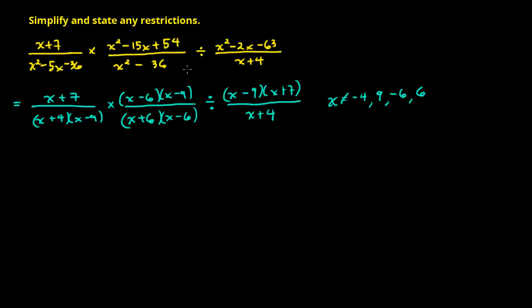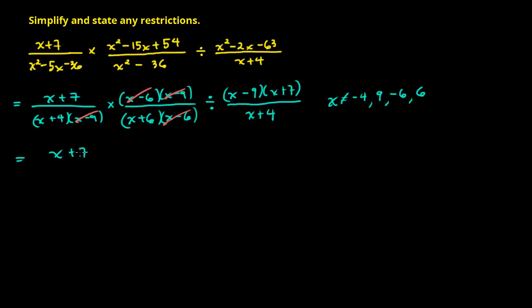So notice that when I multiply these two rational expressions, there are some factors that I can divide out. I can divide out x minus 9, and I can divide out x minus 6.